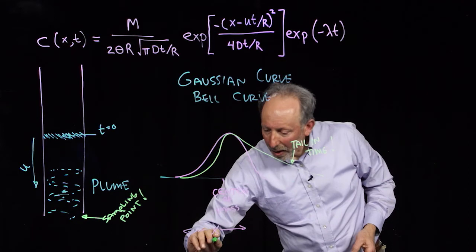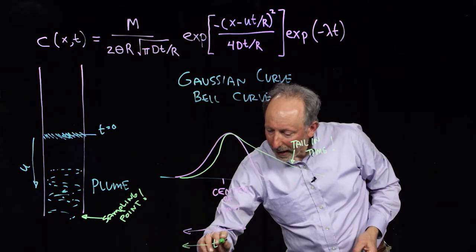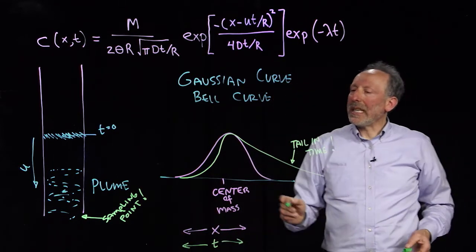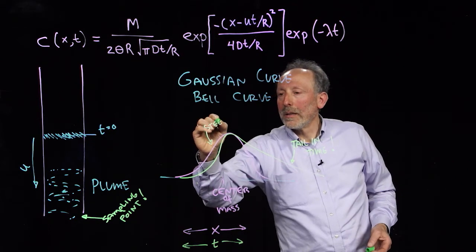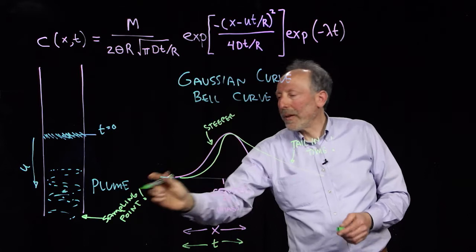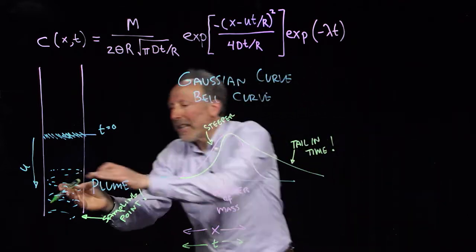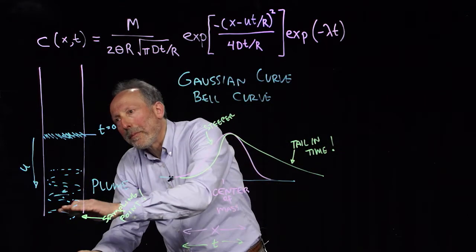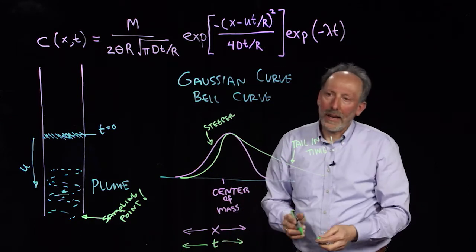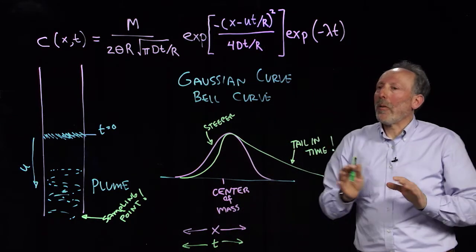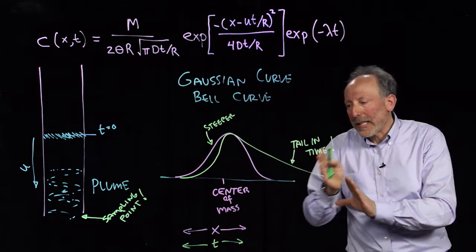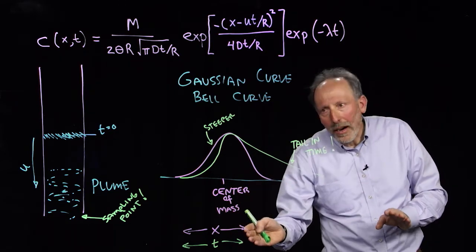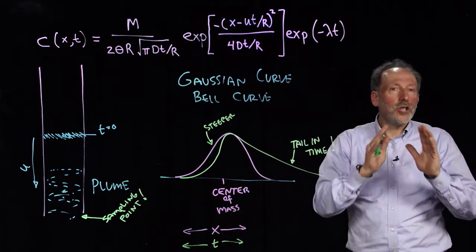So when we do time as our axis, what we see is that it's steeper as we first start seeing the plume, but then as this plume keeps on spreading, as it's going by, it has a longer tail. And so what I want you to really take from this is the fact that watching in space and watching in time give fundamentally different shapes.